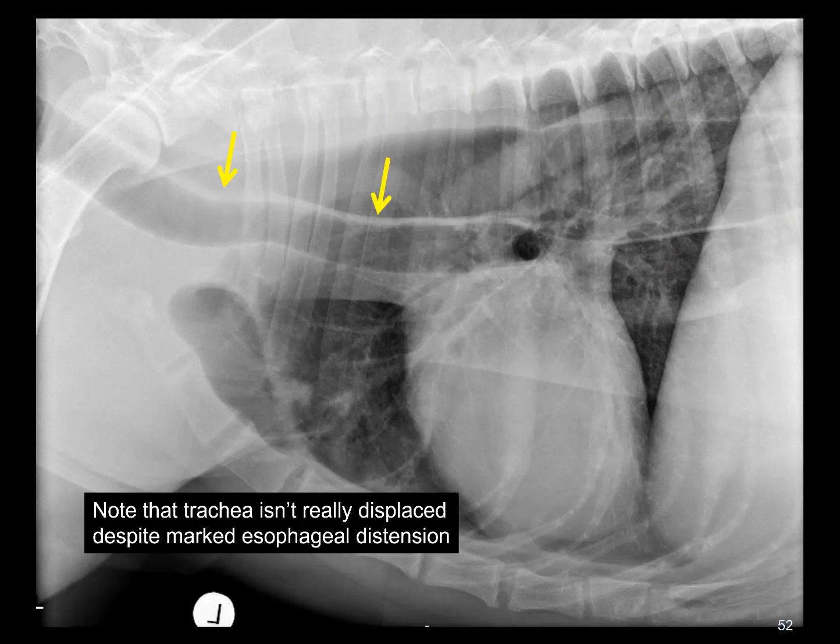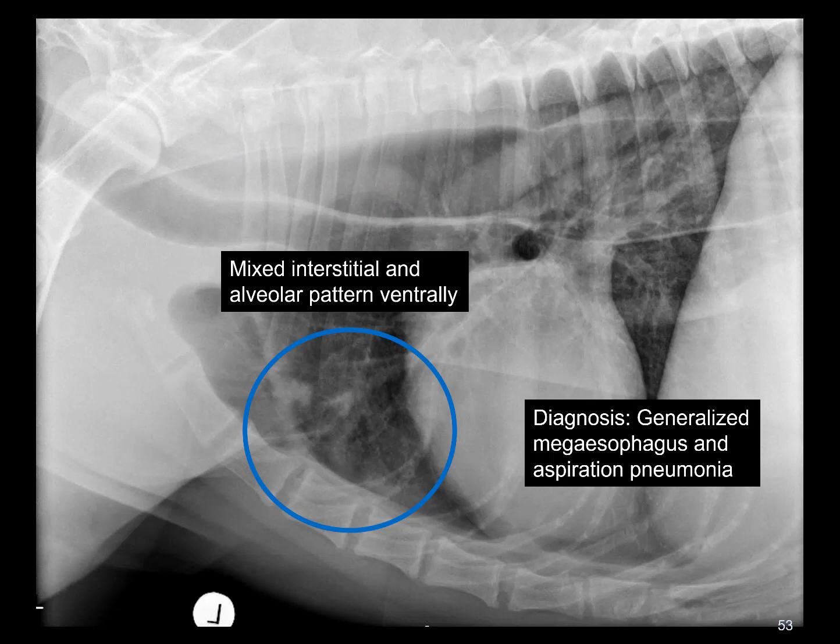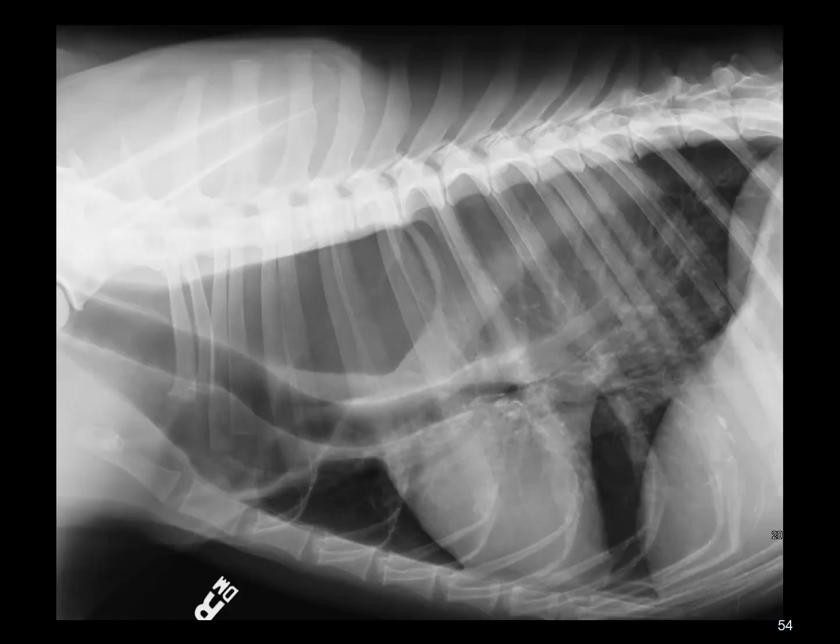It's not quite a severe enough megaesophagus to do that. It takes quite a lot of distension to get to that point. This dog also has a little bit of an alveolar pattern ventrally, a few little patches down there. So once again, a patient with aspiration pneumonia and a generalized megaesophagus. And then of course we'd have to sort out what the underlying cause of the megaesophagus is.